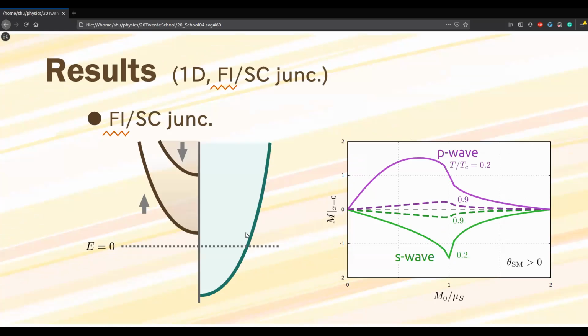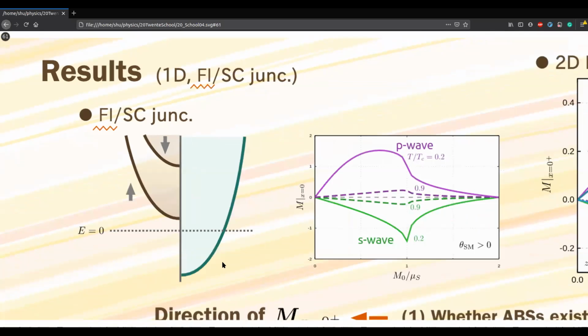This result is actually valid also for ferromagnetic insulator junctions, where there is no Fermi surface in the ferromagnetic insulator. Again, the induced magnetization for the P-wave superconductor is always opposite to the S-wave one. This result can be extended to the two-dimensional system.